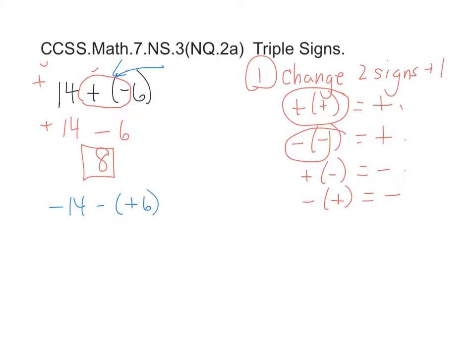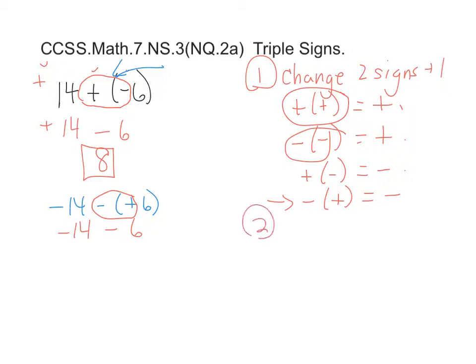Now you would never see a plus 6, but I just put it in there so you know that there are triple signs. So you have a parentheses, that's a clue. And so we're going to circle these, and a negative positive is right here, and those two become a negative, negative 14, negative 6.